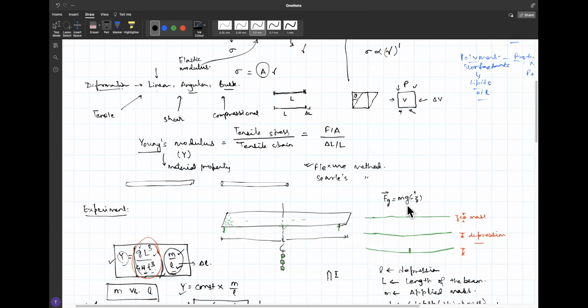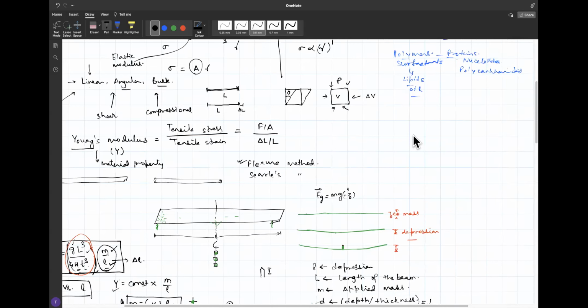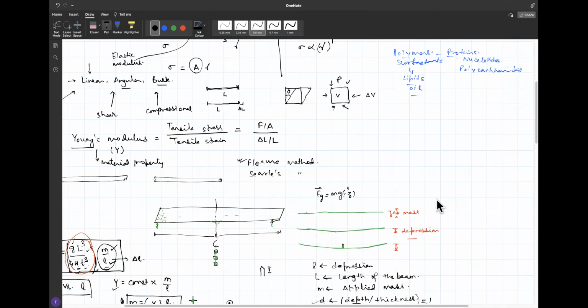So we are ignoring the mass of the beam. It's essentially like a wire, and you are just deflecting it by applying a mass, and these masses are much larger than the mass of the beam, so you can ignore it.